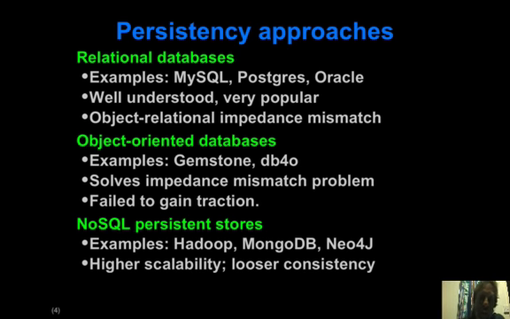However, interestingly enough, in the past 3 to 4 years, there has been a new set of databases developed, and they call them NoSQL databases or persistent stores. The idea there is that you're basically persisting a bunch of key value pairs.